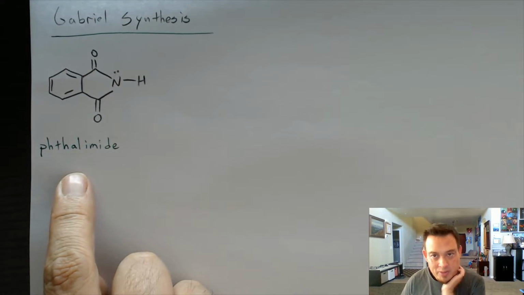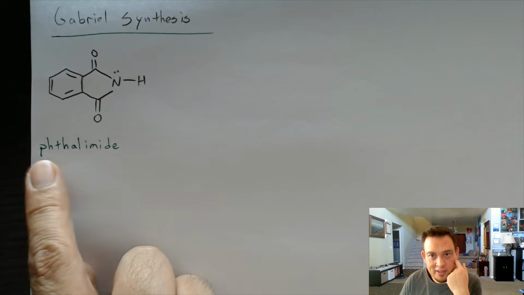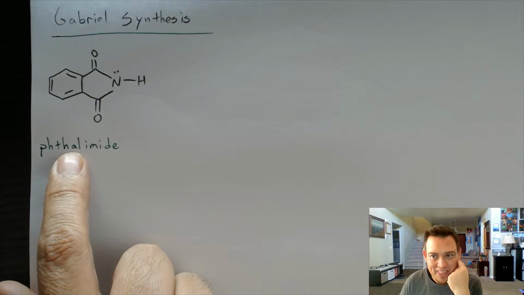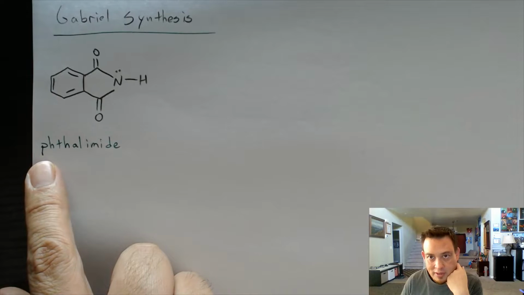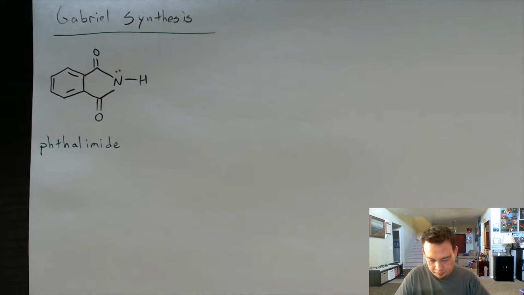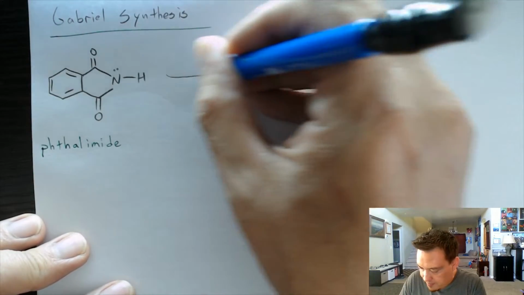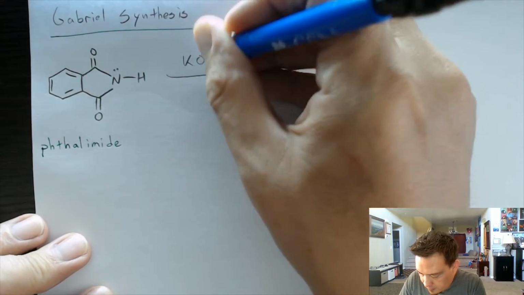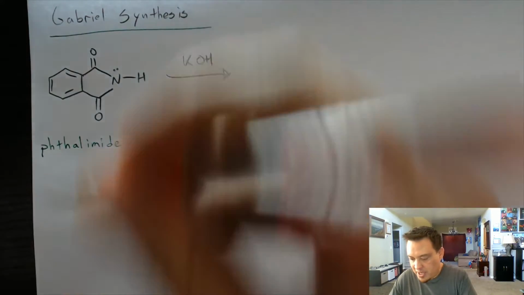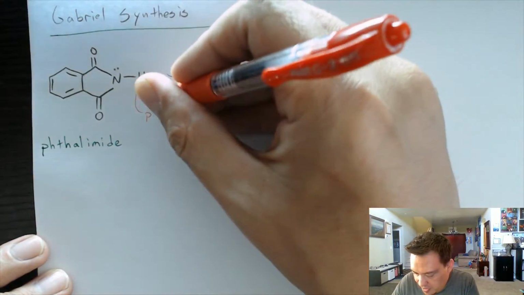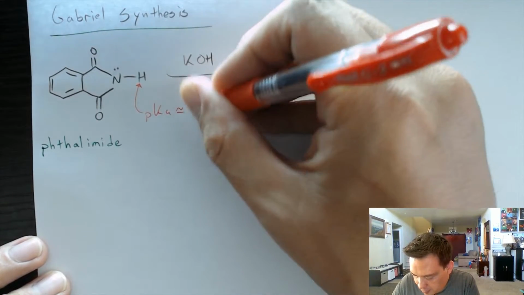The way you want to pronounce this word is, the pH is silent. So it's phthalimide. Don't say the F sound. What we do here is this is treated with KOH. And I do want to mention here that the pKa of this particular H is about 4.